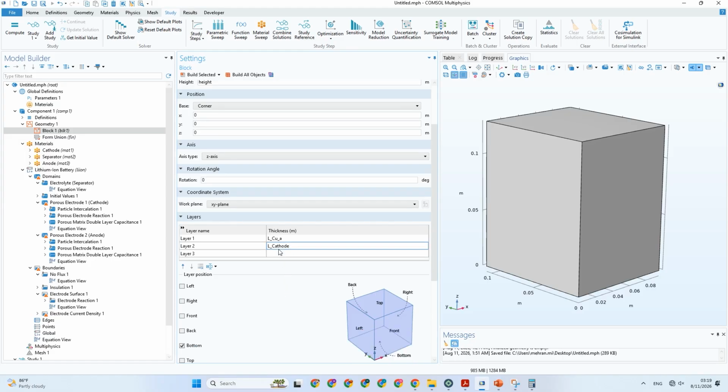Okay, it must be separator. Nice. Must be anode.